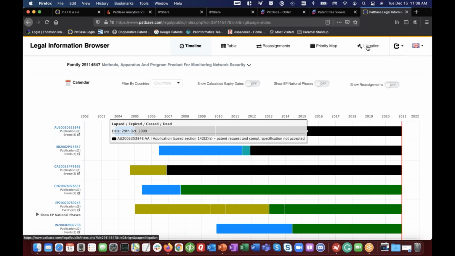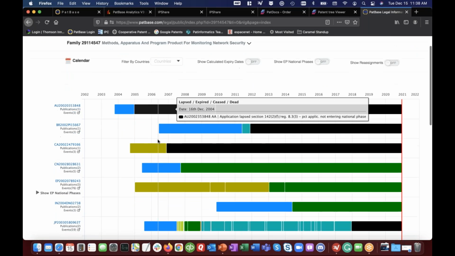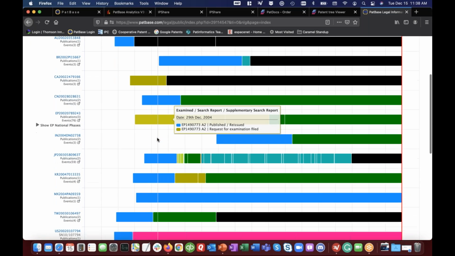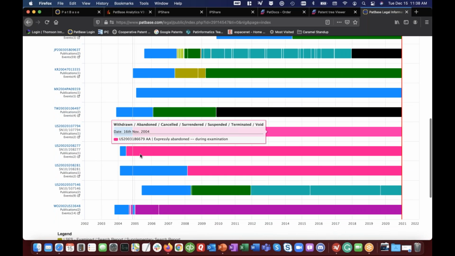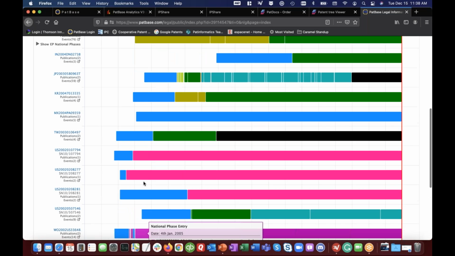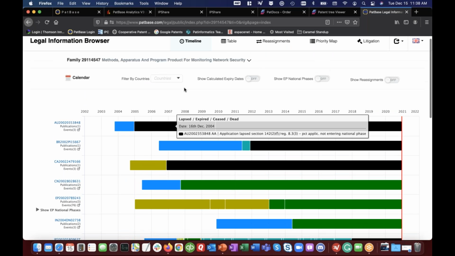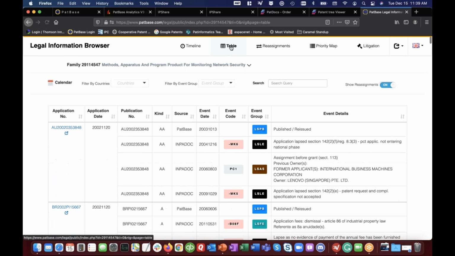Now, in this particular case, there isn't any litigation information for this particular one, but if there had been, that would be here. I've got this great timeline that I can look at, and I can get an amazing amount of information about how all of these have progressed and what sort of events have taken place. I mean, this is a ton of detailed information. And then, of course, I can come over here and look at the table. That pops right up with all the relevant information.